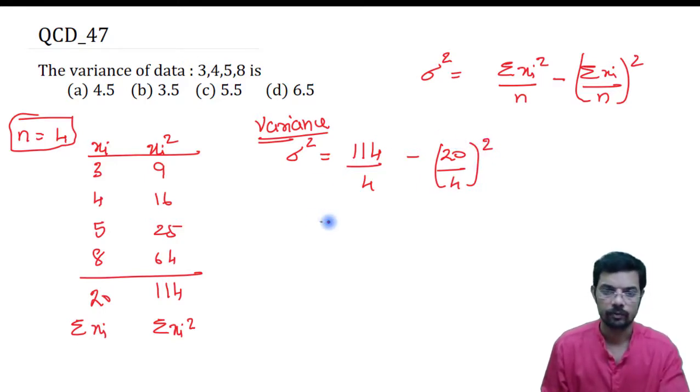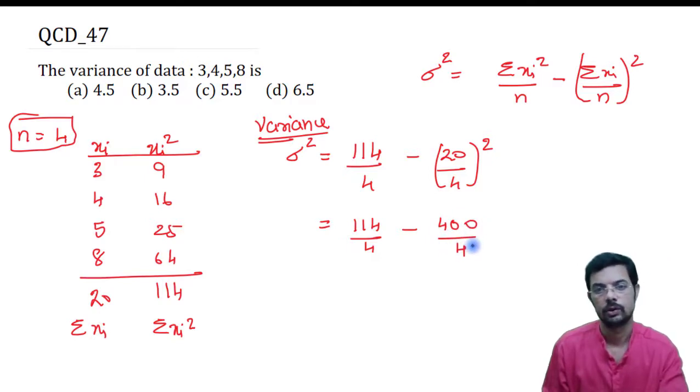So when we calculate this, we get 114 by 4 minus (20 by 4) whole square. 2 2s are 4, so 100 divided by 4 is 4 into 4, which becomes 100 by 4.